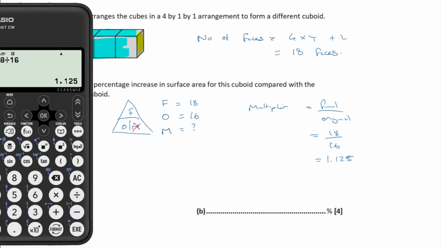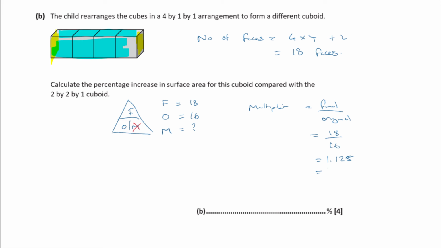Now remember that's a decimal, and as a percentage that would be 112.5%. So as a percentage increase, remember you start with 100%, so if we started with 100 and now I've got 112.5, it's increased by 12.5%, so that is a 12.5% increase.